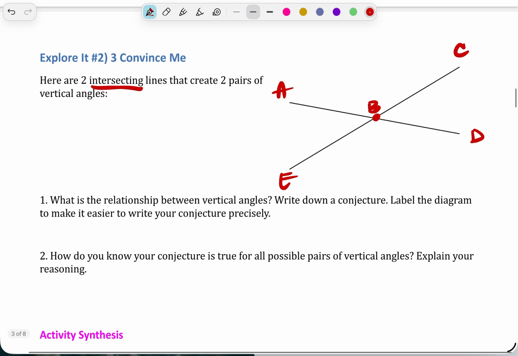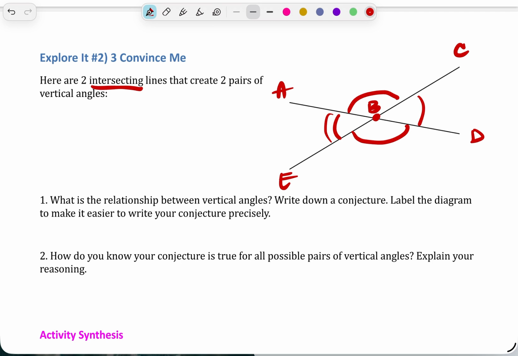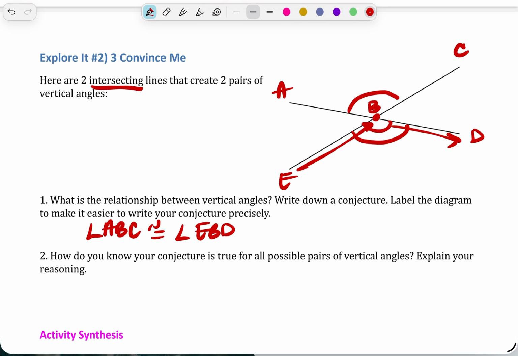And what do we notice about the vertical angles? The opposite angles are the same size. So you could say angle ABC is congruent to angle EBD. Don't forget where the angle is at, the letter is there.